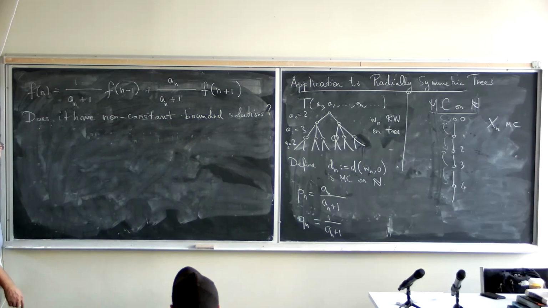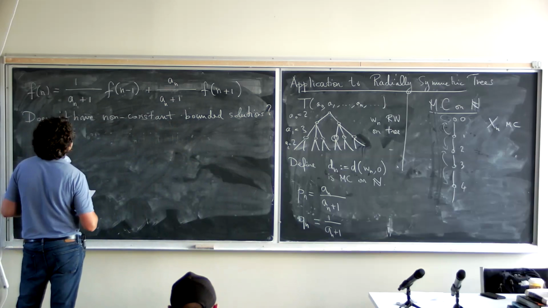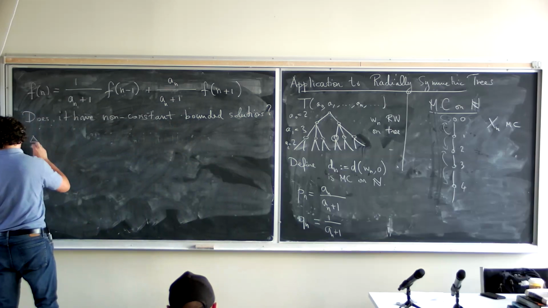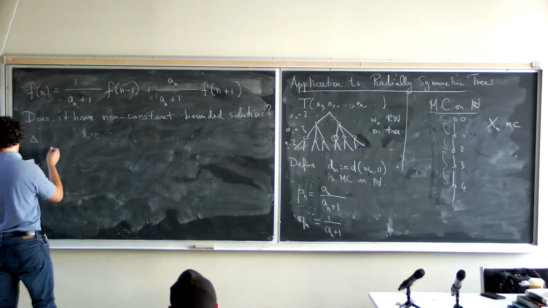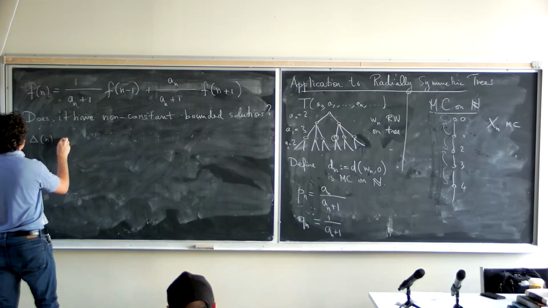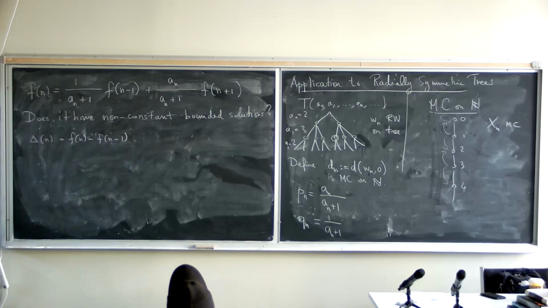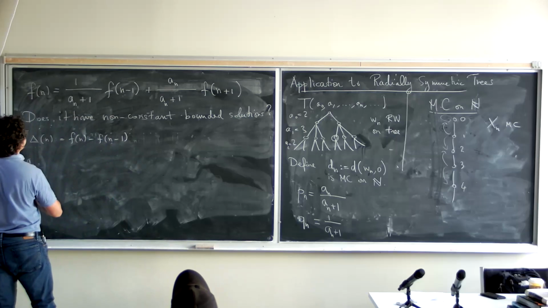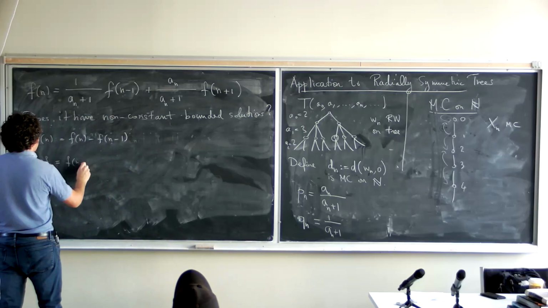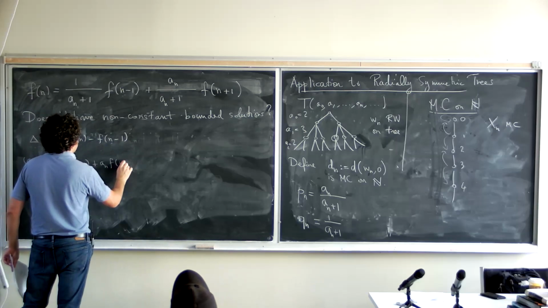Okay, well, this becomes calculation, right? So the trick is like that. You consider delta n to be f of n minus f of n minus 1. And then we just have to rewrite that in the appropriate way. So this is An plus 1 times fn equals f of n minus 1 plus An times f of n plus 1.